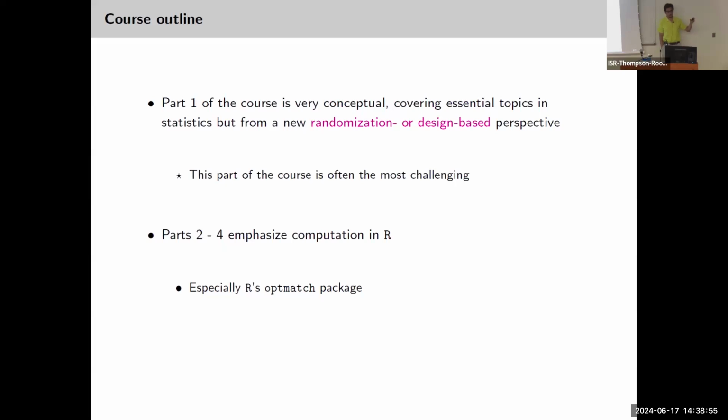Many of the relevant theorems, in fact, aim to emulate and tell you what would happen if you were to do that. So we'll do some explicit computation as well as conceptual exercises oriented to that in this first part of the course. There'll be an emphasis on computation in R later in the course. The OpMatch package that I've been involved with developing is one important piece of that, but not all.